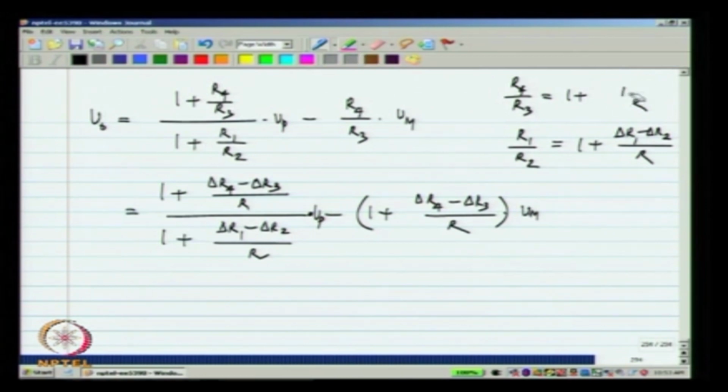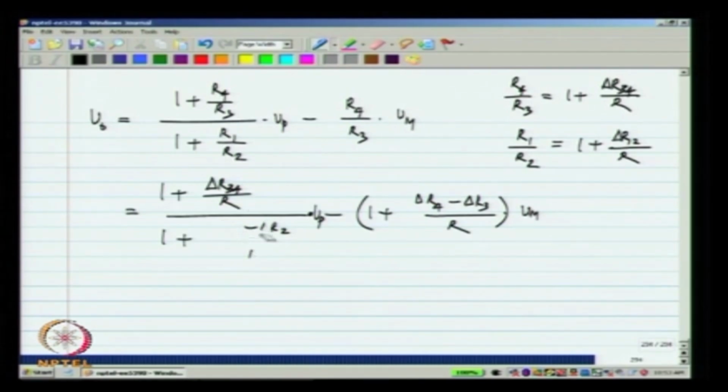So, I will rewrite this as delta R34 divided by R, that is the normalized mismatch between R3 and R4. Similarly, this is delta R12 divided by R. So, if I substitute that, that is what I am going to get.